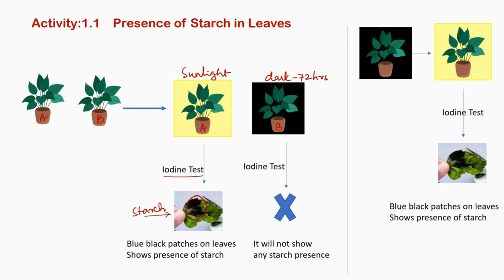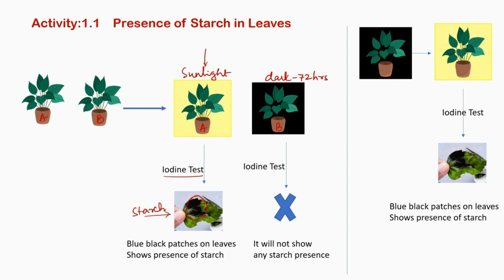Because we kept this potted plant in the sunlight, where the plant did photosynthesis, made carbohydrates and stored them in the form of starch. These blue and black patches confirm that the plant has done photosynthesis in the presence of sunlight.